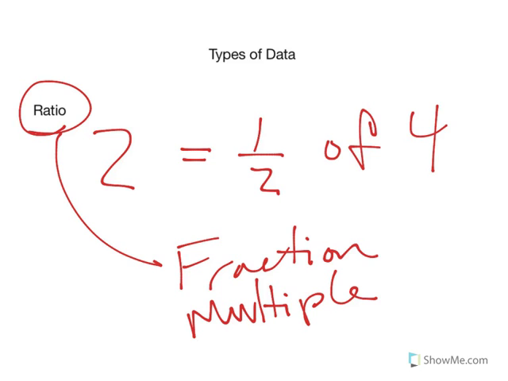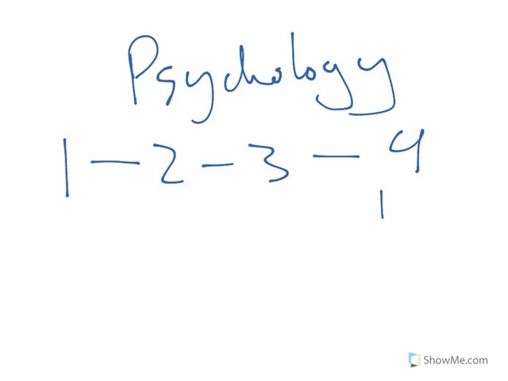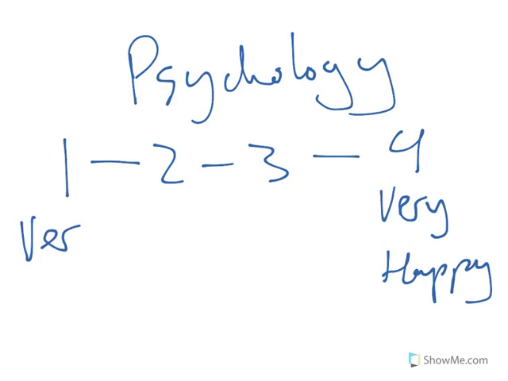Now this brings us to an interesting point, which is what type of data do we have in psychology? In psychology, we tend to study things using scales and surveys. This is more of a research method thing, but bear with me. We tend to use scales and surveys, or maybe we ask, how happy are you? 1, 2, 3, 4. 4 is very happy, and 1 is very unhappy.